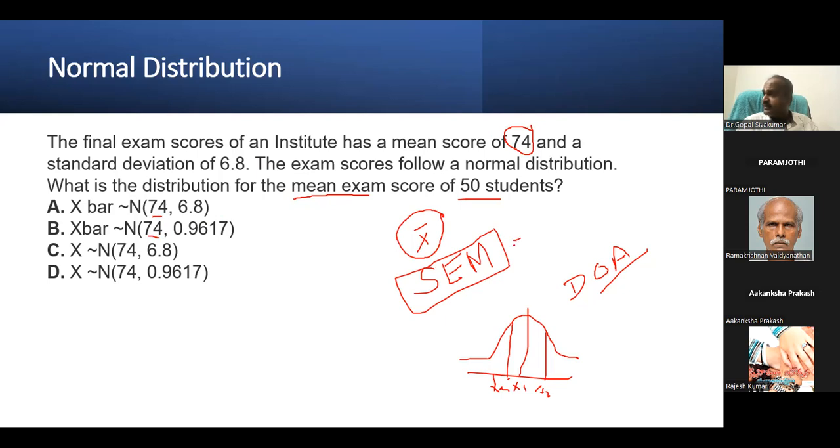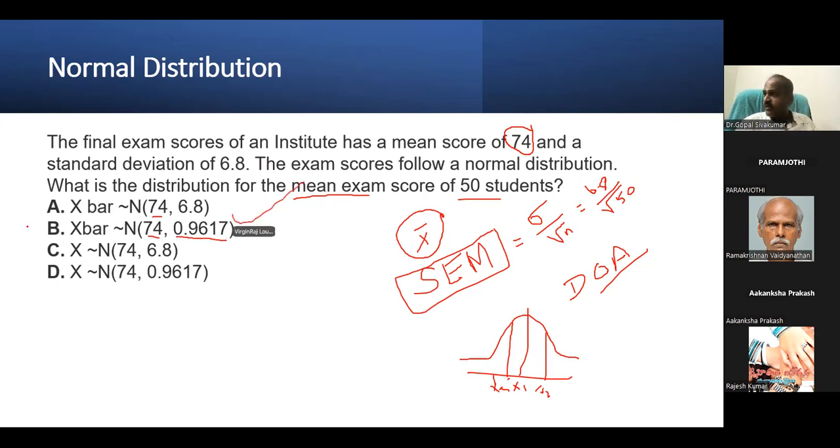And the standard error of the mean is nothing but the population standard deviation divided by the square root of n. We have discussed this already in the class. I do not know whether you remember or not. So the population standard deviation is how much? 6.8. And n is 50. If you work out this calculation, that will come to 0.9617.